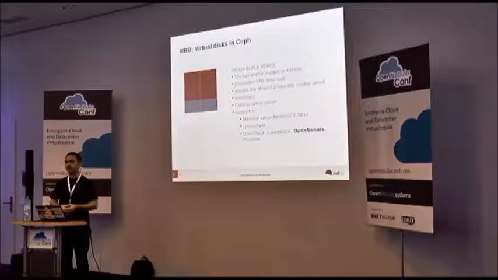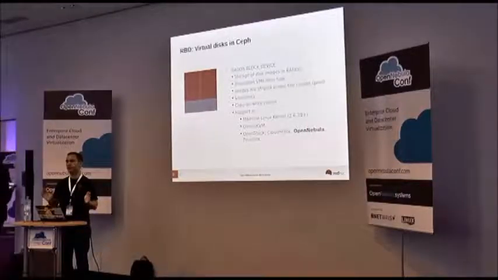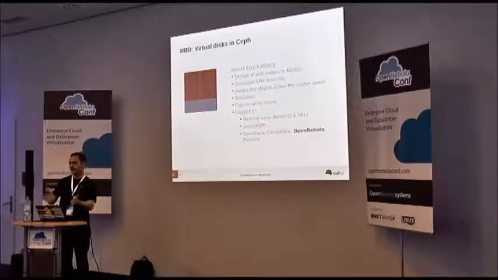So it allows you to do very efficient clones and snapshots, and RBD exploits that. So when you do a clone of a disk image within RBD, what's actually happening is it's not having to do a whole lot of data movement or copying. It is just going to create a thin clone, and every time you touch an object within that to do a write, at that point you'll get a copy-on-write style behavior.